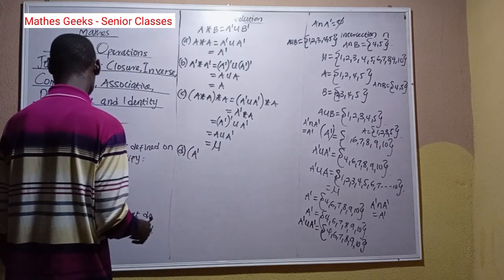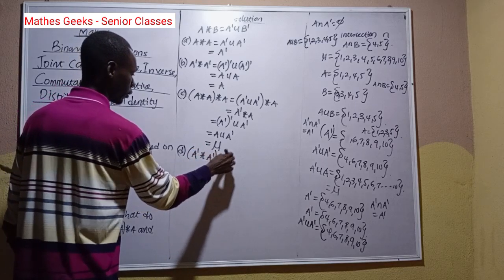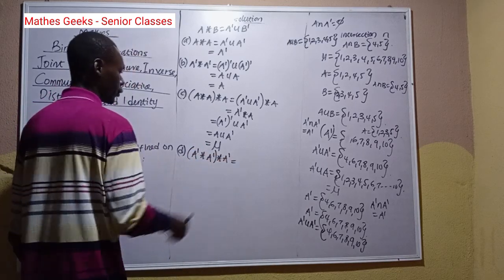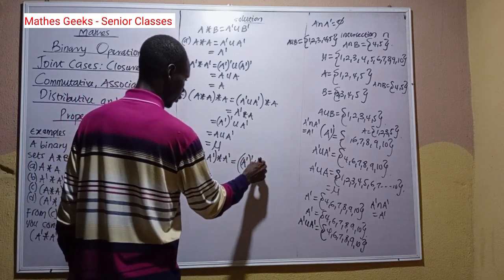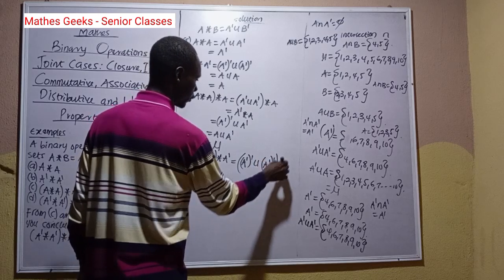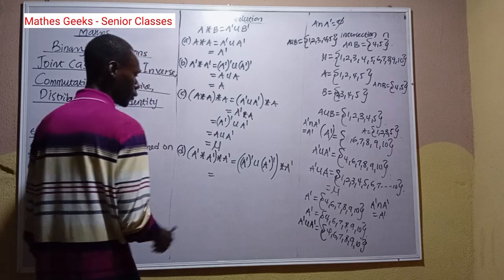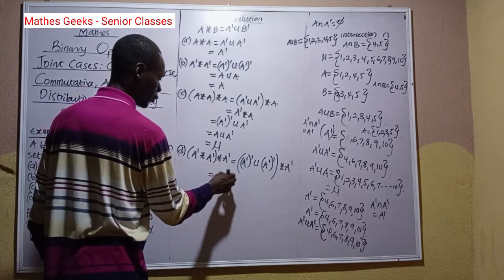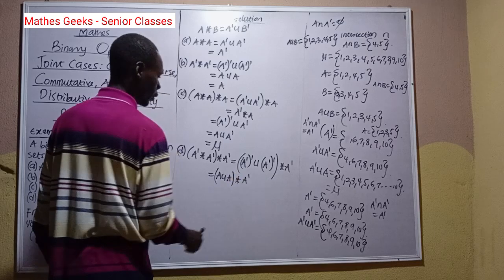A complement star A complement star A complement. So this will give us A complement union A complement star A complement, and this will give us E union A star A complement.